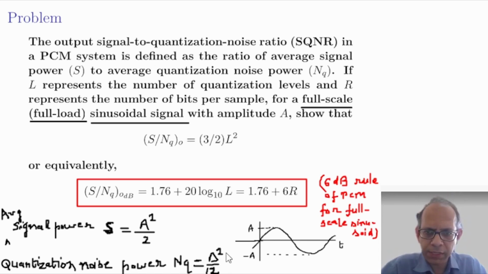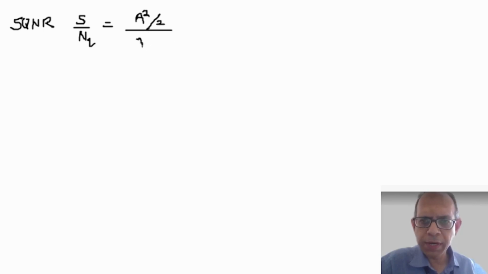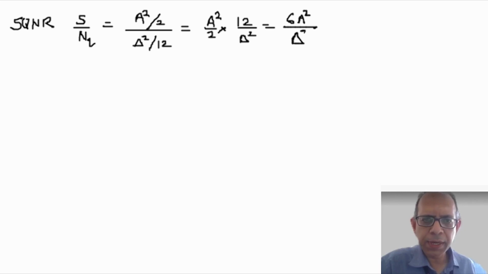So the signal to quantization noise ratio, SQNR, S by NQ is equal to the signal power, which is A square by 2, upon the quantization noise power, which is delta square by 12, and that is equal to A square by 2 into 12 by delta square, that is equal to 6A square by delta square.